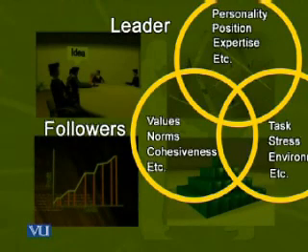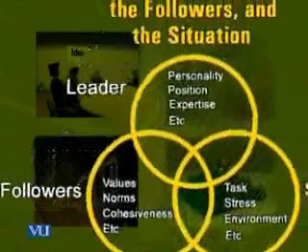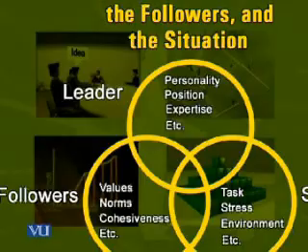So many different aspects we try to understand. The same way, to understand the leader, in this slide, you can see that the personality, the position, the expertise, and so many other things are very important to understand this leader.